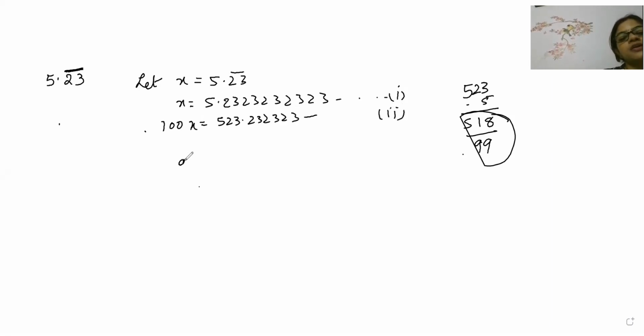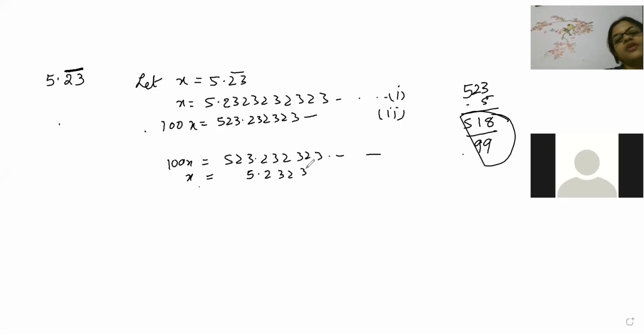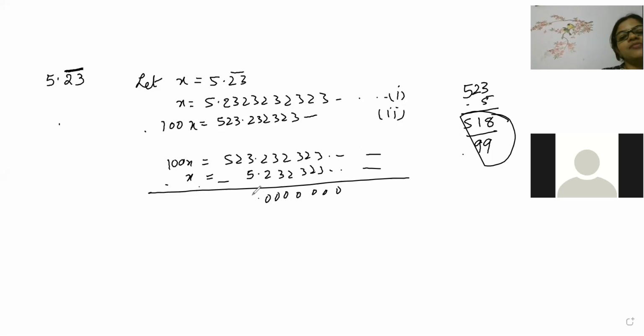Now subtract. 100x is equal to 523.23232323 and so on. So x is equal to 5.232323 and then minus. So 0, 0, 0, 0, 0, 0, 0 and here 13 minus 5, 518 and this is 99x. So x is equal to 518 by 99.